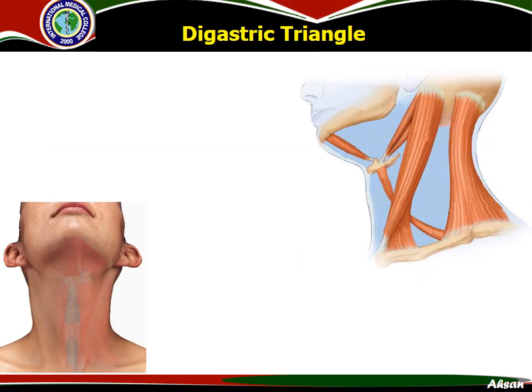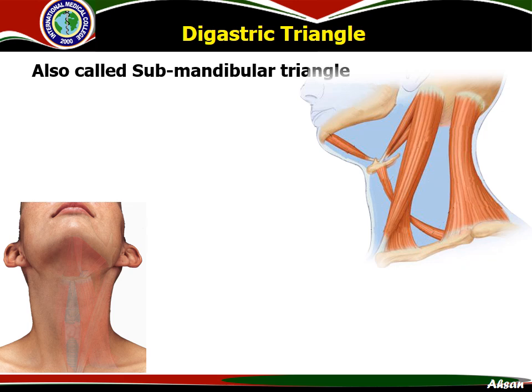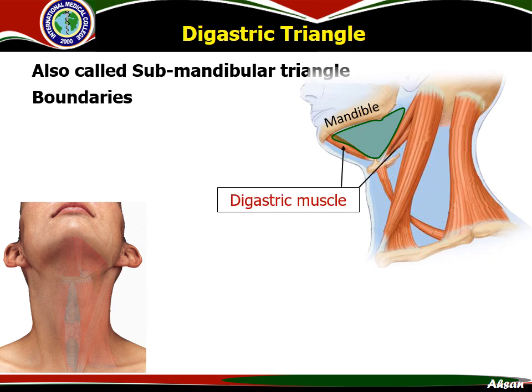Let us see the digastric triangle. It is also known as the submandibular triangle, and it is bounded by, you can see the triangular line with shaded area, the digastric triangle. It is bounded superiorly by the base of the mandible and two bellies of the digastric muscles and the stylohyoid muscle.